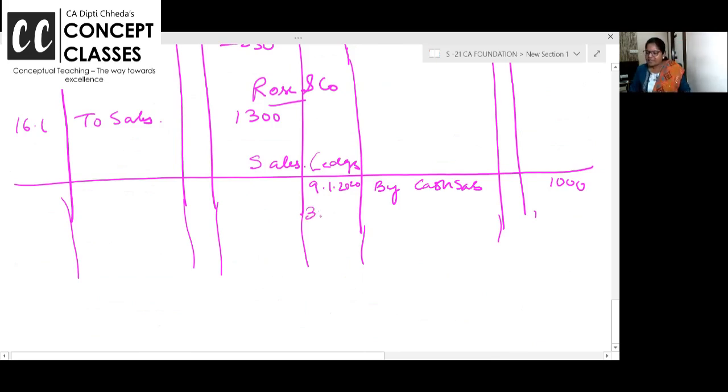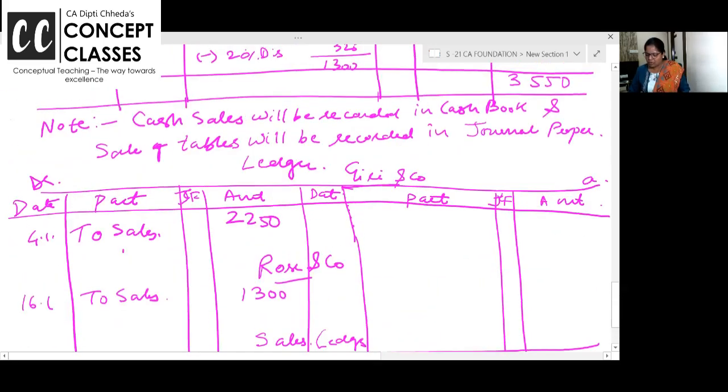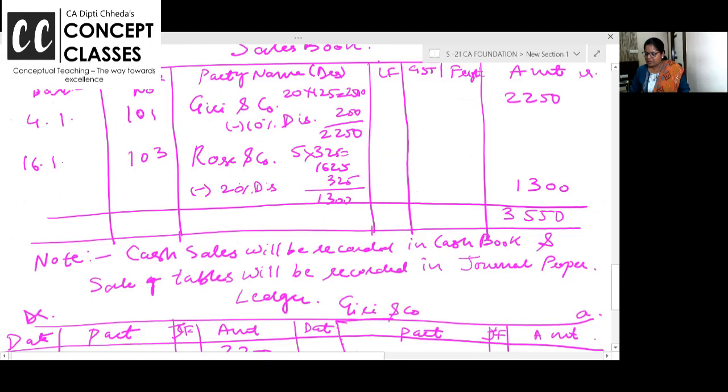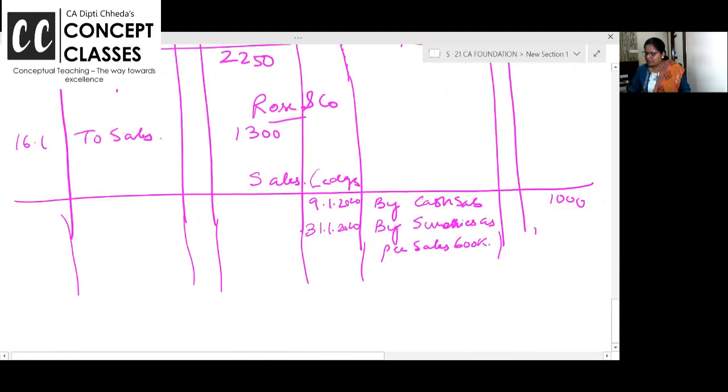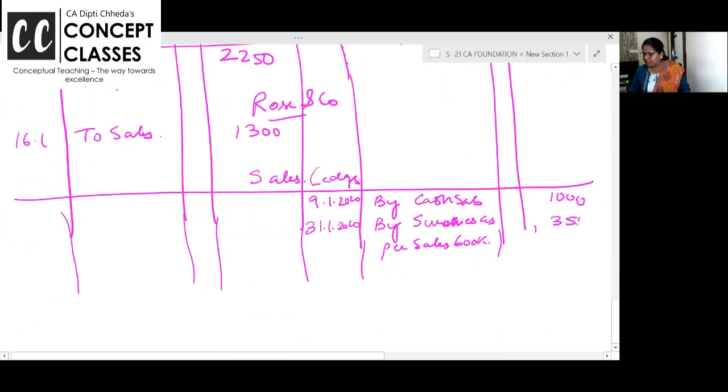Then on the last day, 31st of January 2020, by sundries as per sales book, 3550.